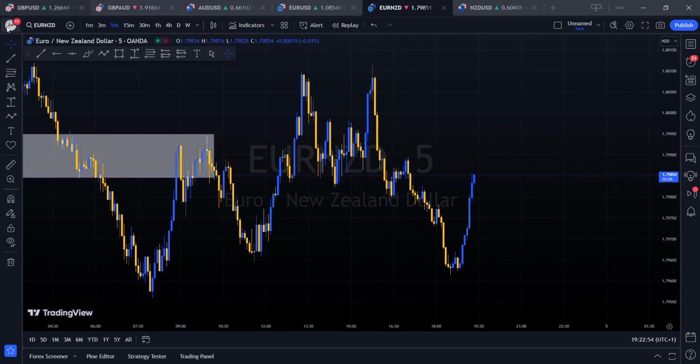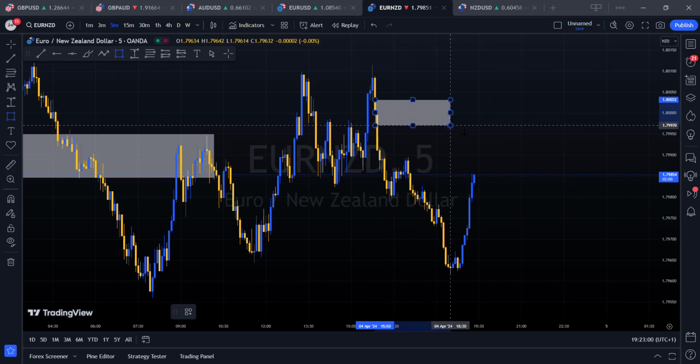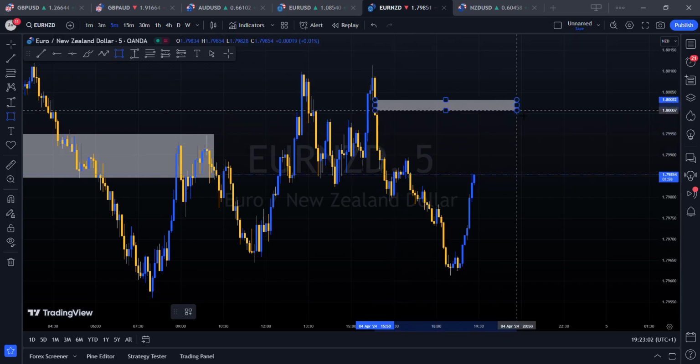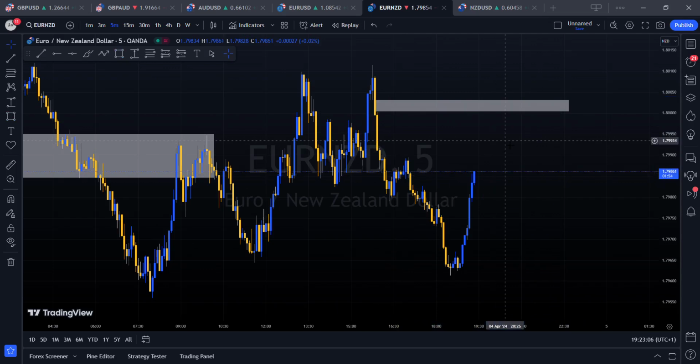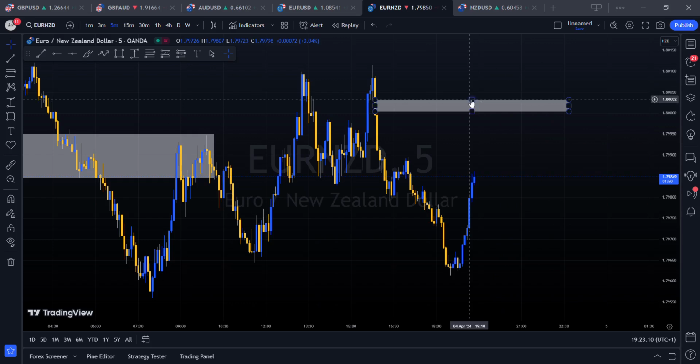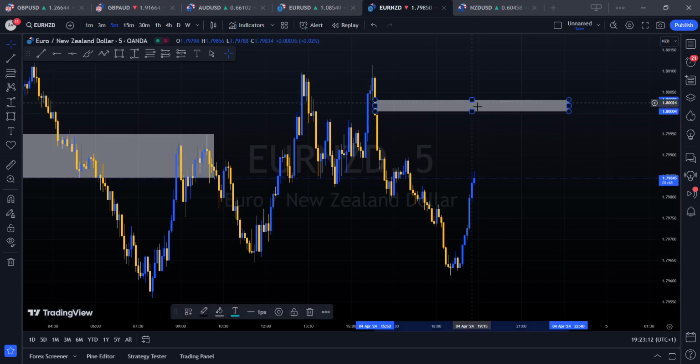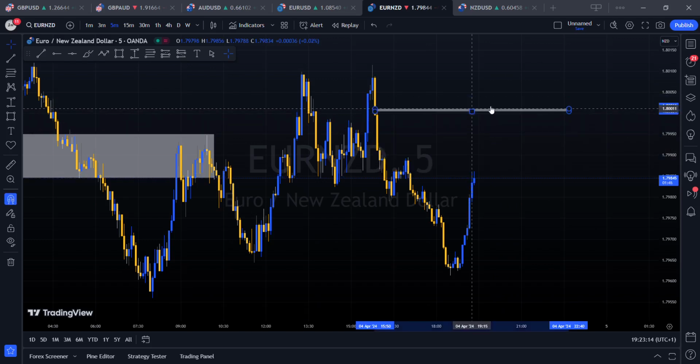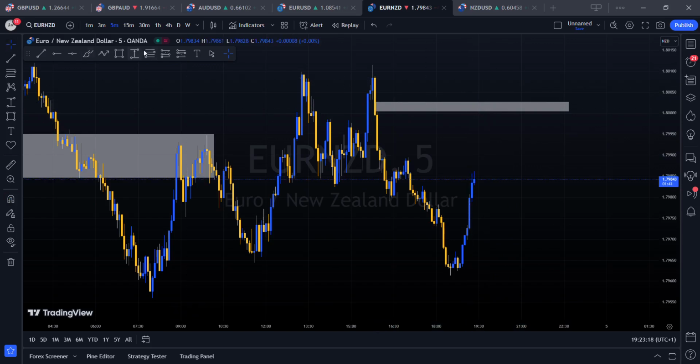Now currently what I'll be expecting to see is price coming to this zone. I'll see price coming to this zone, or I might see price also come, sorry about that, let me just bring out another one.